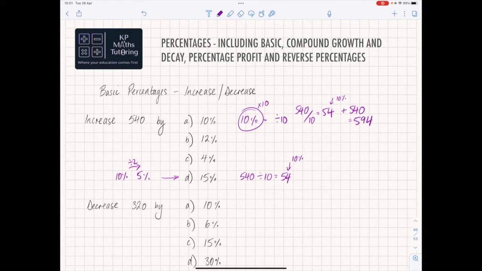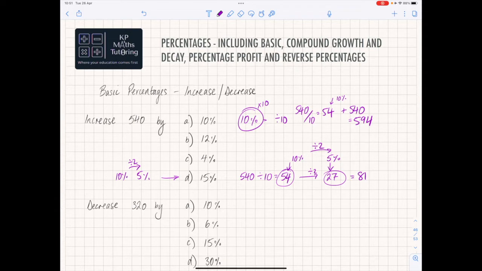But then if you wanted to find 5%, you divide that by 2 again. So you divide this by 2, and that gives you 27. So 10% is 54, 5% is 27. You add both of those together to get 81.